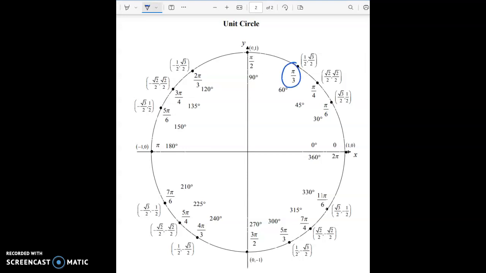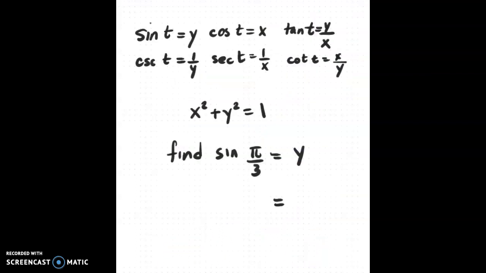It's right here. And so we're talking about this angle here, and the y value is the square root of 3 over 2. So I'm going to write that down here. Square root of 3 over 2 is my answer for that. So this makes it much simpler to do these problems.